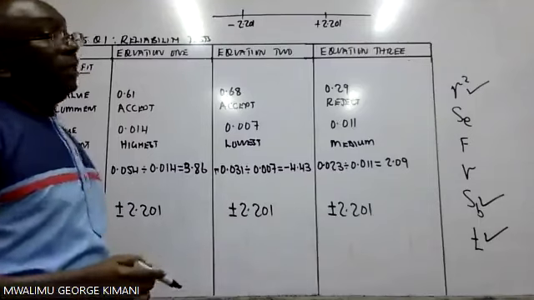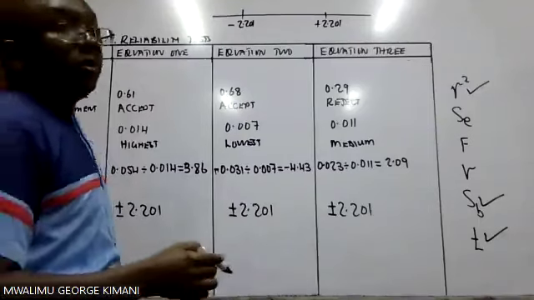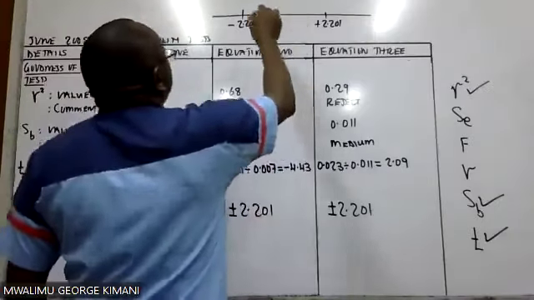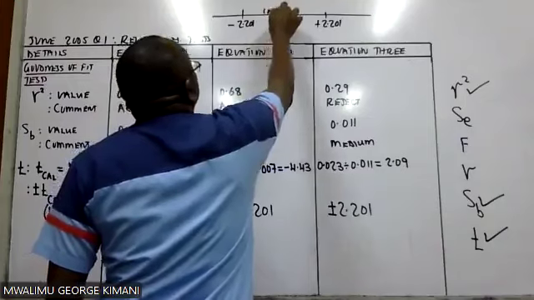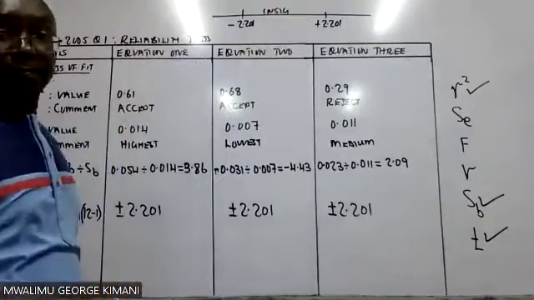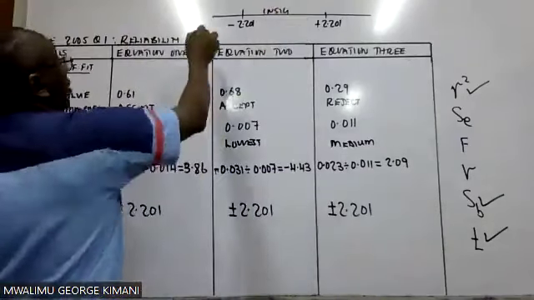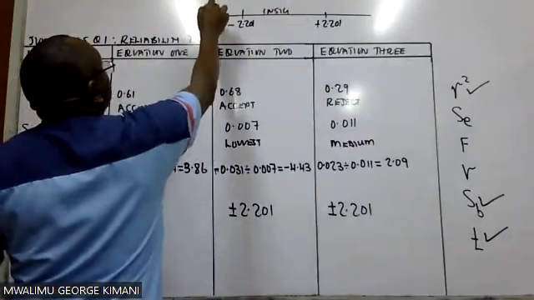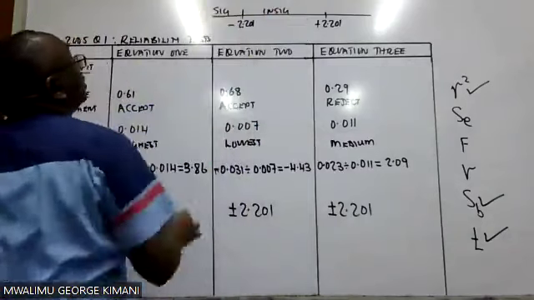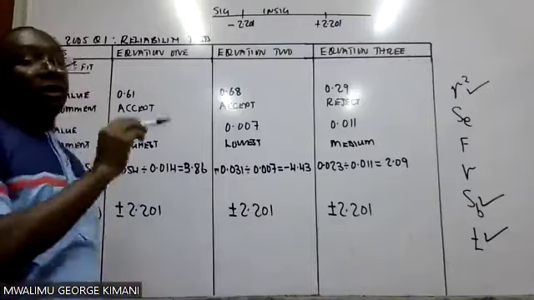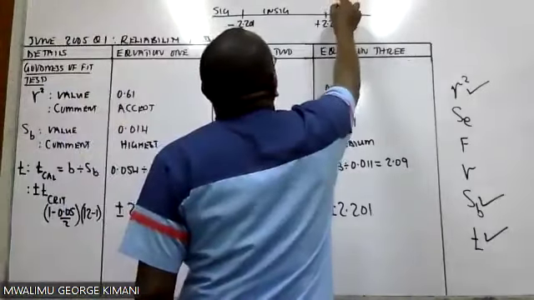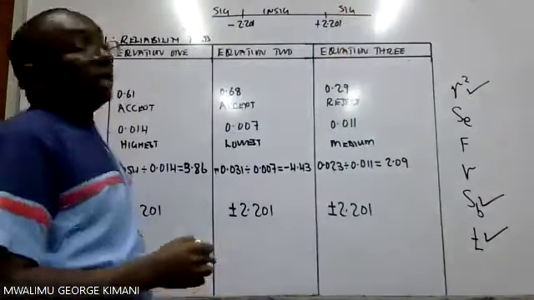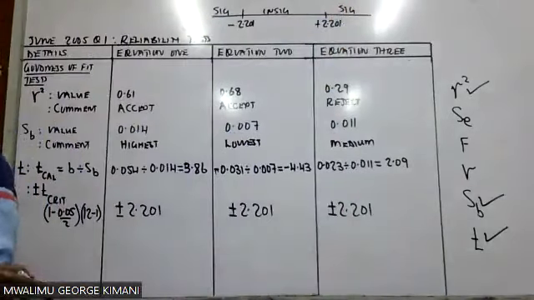Then from there, tukasema, if it is inside here, you accept. In other words, it is insignificant. And if it is on the lower side here, it is to reject. It is significant. And on the upper side, you reject because it is significant. That is what we wrote in our notes.